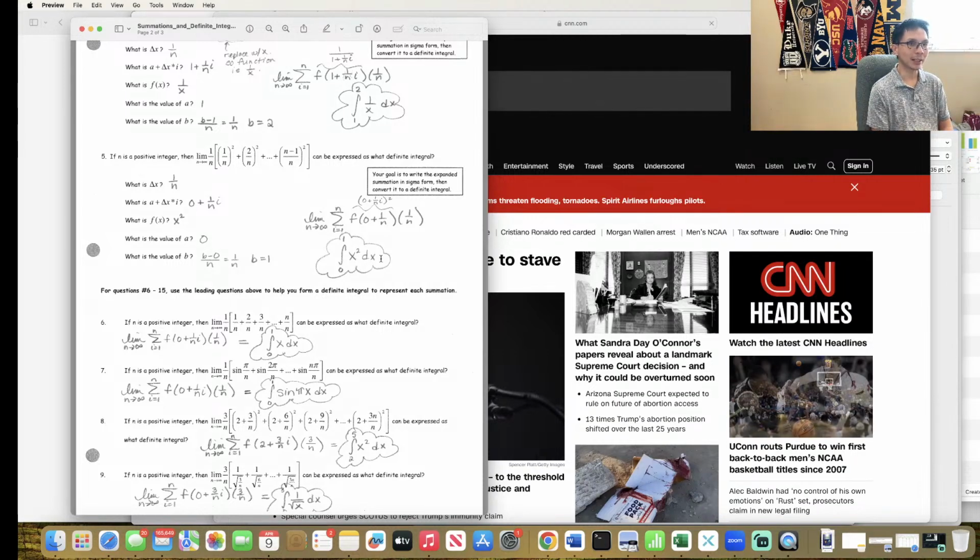The one thing that's kind of confusing for students is the n minus 1 over n. In that particular case, this just means the left endpoints. You're going to use the left endpoint instead of the right endpoint, but I don't really care if you comprehend it. All I need is the integral from 0 to 1 of x squared, which you can get without the n minus 1 over n. The n minus 1 over n is confusing because it's using left endpoints rather than right endpoints.